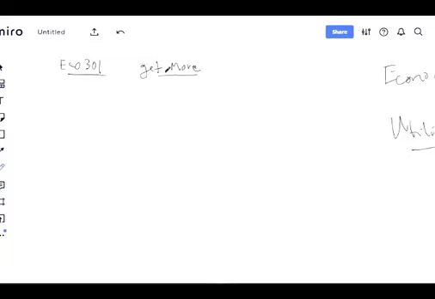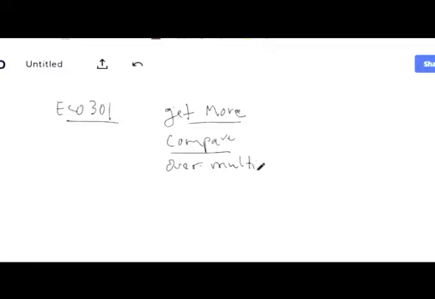That is one. In the last class, we also discussed that they can compare, and they can compare over multiple items. Not only that, they are also consistent over multiple sets.